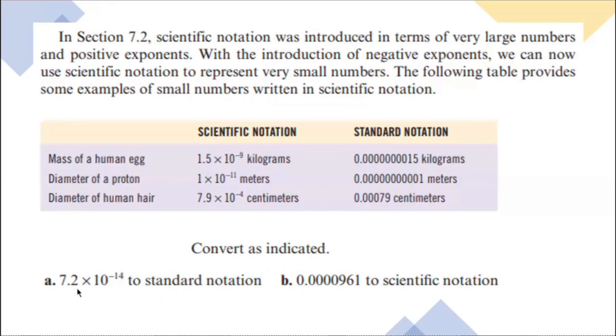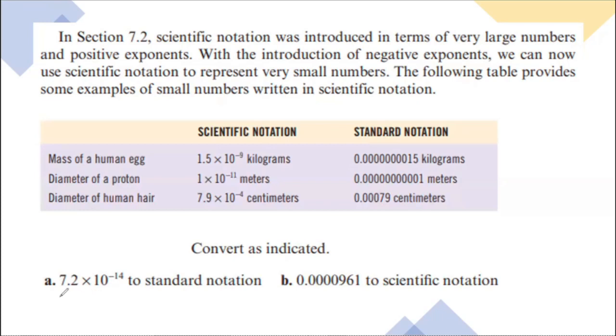Okay, let us convert the following examples. For example, sa letter A, ang naka-indicate dito ay 7.2 times 10 raised to negative 14. So, ibig sabihin, ang ating decimal point ay mula dito sa 7.2, mag-move siya to the left 14 times.